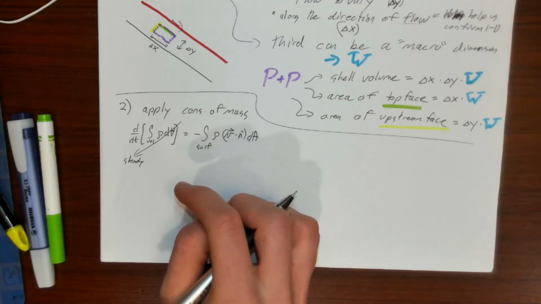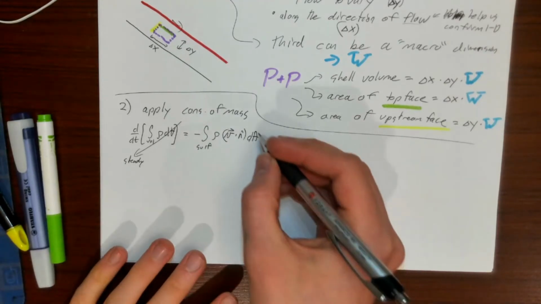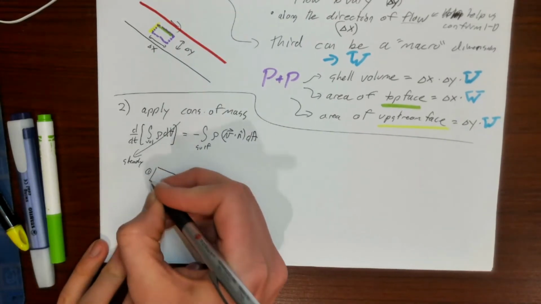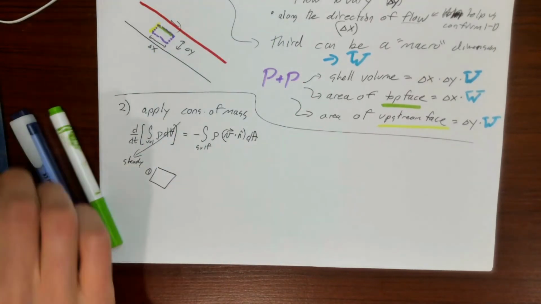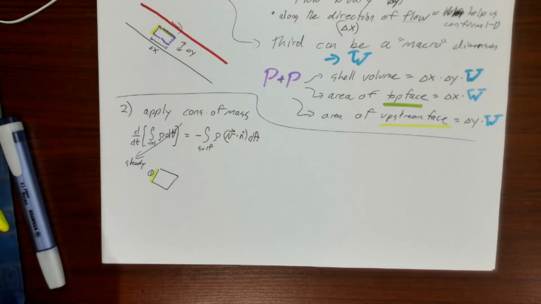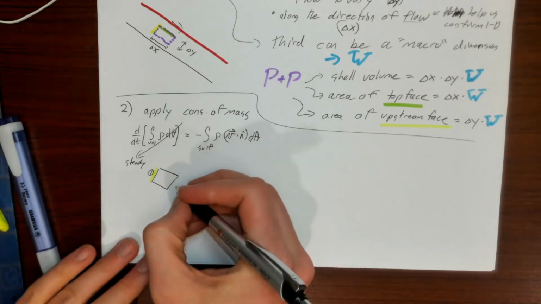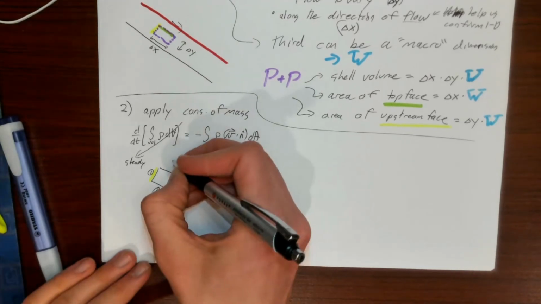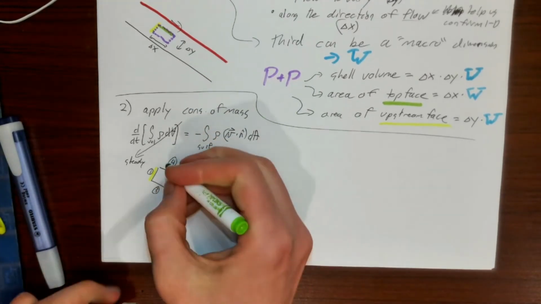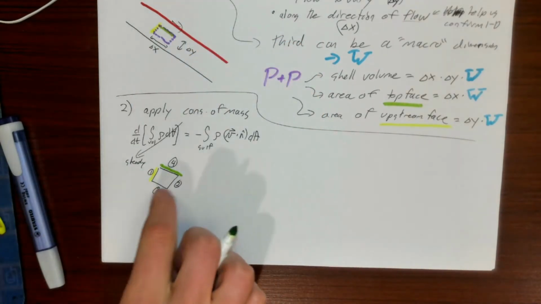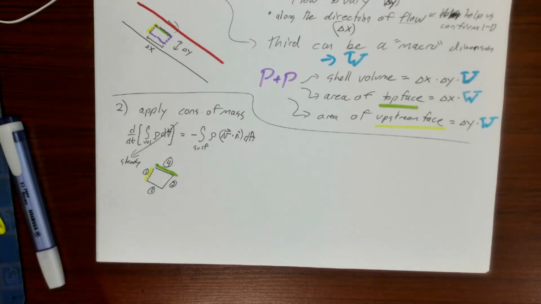Let's apply conservation of mass to our little chunk right here. We'll say 1 is this upstream surface, 2 is the downstream surface, 3 is this bottom surface, and 4 is that top surface, which corresponds to those up there. This is going to be our control volume.